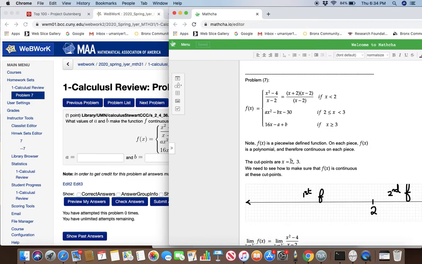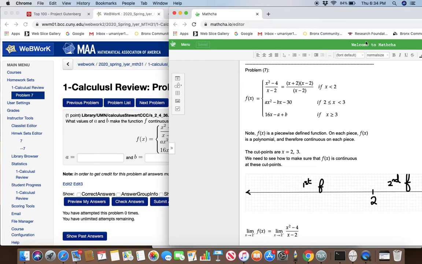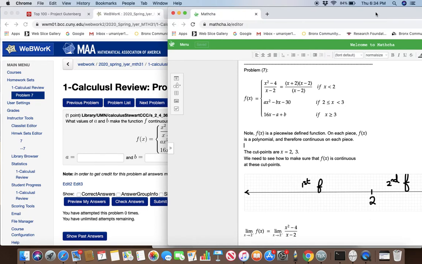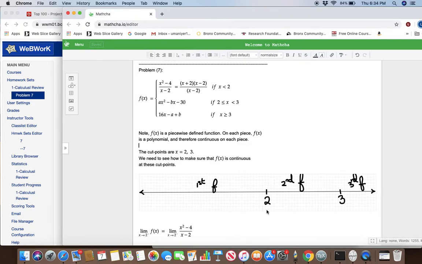The only issues are these cut points, x equals 2, where there is a change, and x equals 3, where there is a change. So we need to make sure that our function is continuous at these cut points 2 and 3. To the left of 2, the first expression takes over. Between 2 and 3, the second expression takes over. And after 3, the third expression takes over.